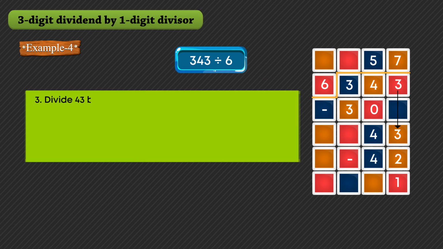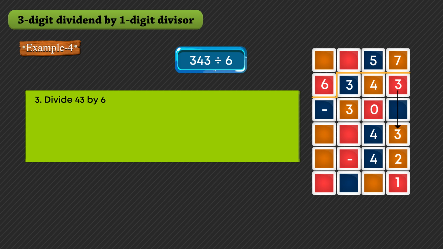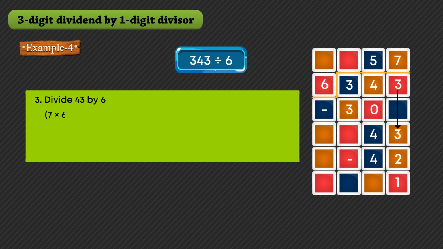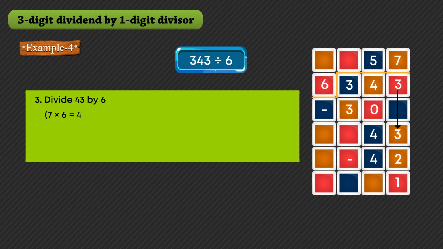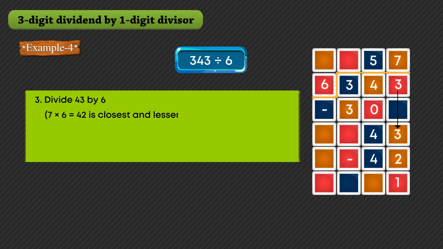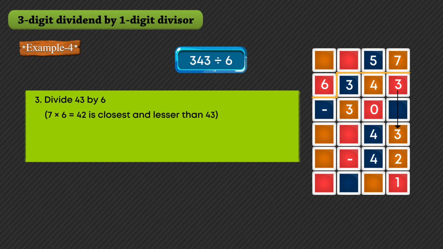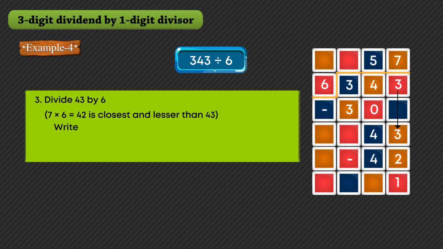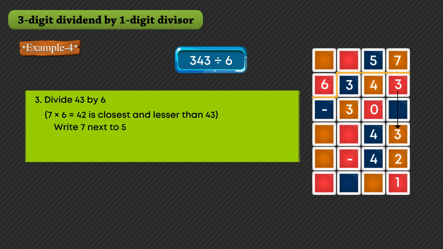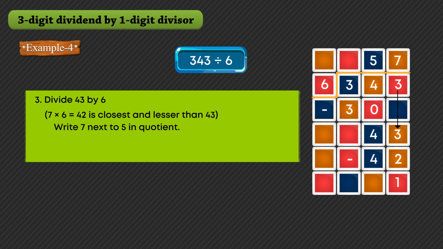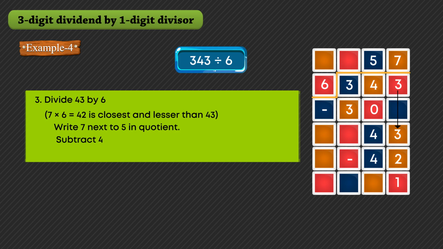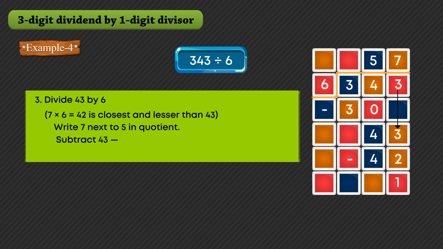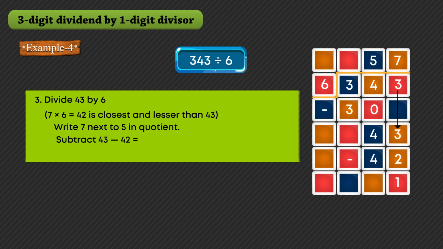Divide 43 by 6. 7 into 6 is equal to 42 is closest and lesser than 43. Write 7 next to 5 in quotient. Subtract 43 minus 42 is equal to 1.